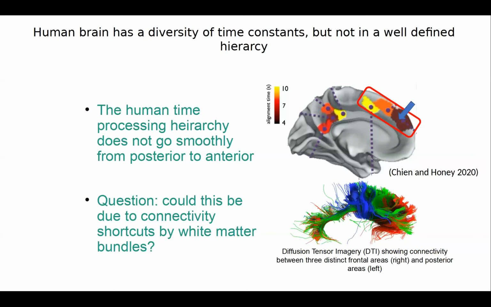These are white matter connections going from input-driven areas directly to these frontal areas. So there are shortcuts, white matter pathways in the cortex that could provide an explanation for this rapid processing in these frontal areas.